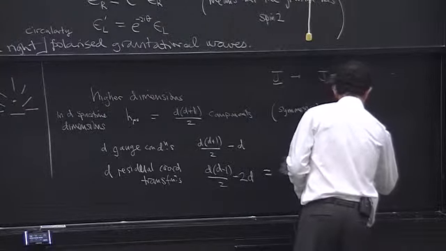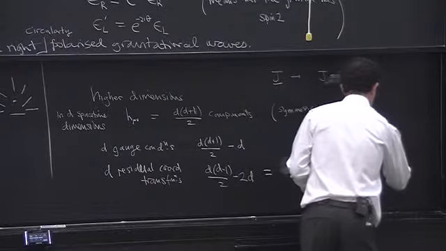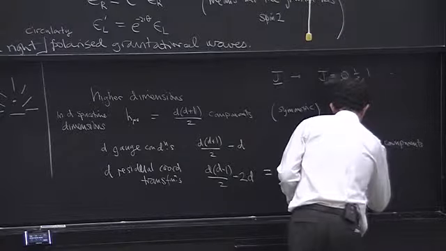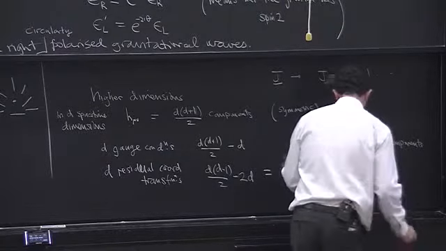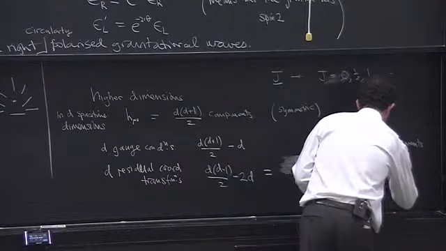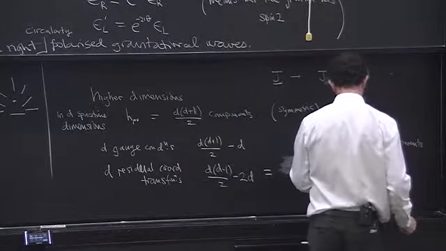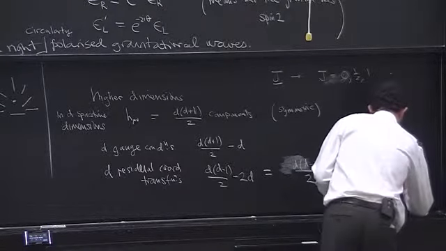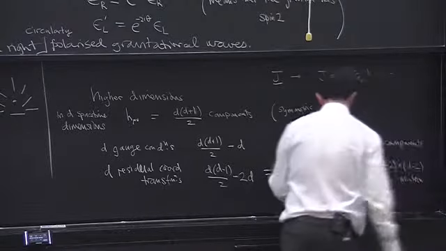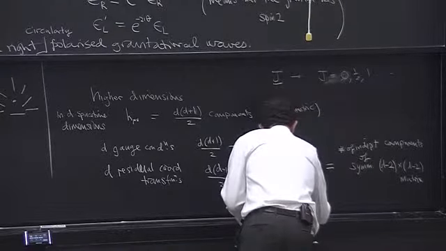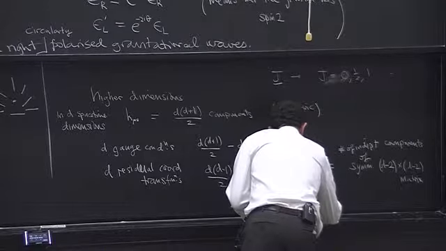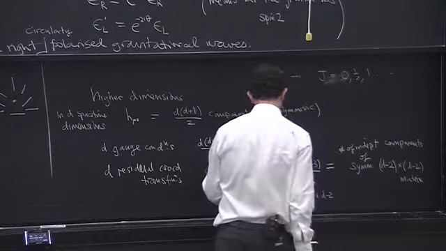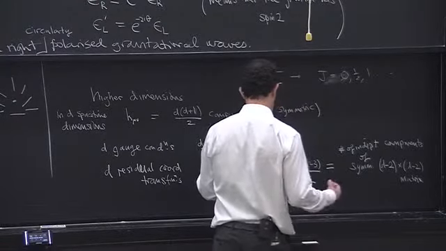And this equals the number of independent components of a symmetric D minus 2 times D minus 2 matrix. Okay, why is that? Well, that would be (D-2)(D-3)/2 for the off-diagonal elements, plus D minus 2.